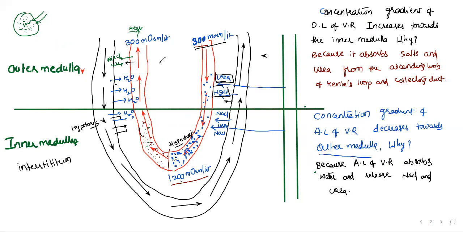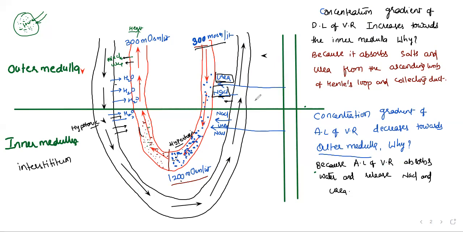Sir, if we are returning, why is it taken? To maintain the osmolarity gradient to absorb the water. Similarly, a small amount of urea also enters the thin segment of the ascending limb of Henle's loop, which is transported back again to the interstitium by the collecting duct. We also take urea, but we are returning urea.